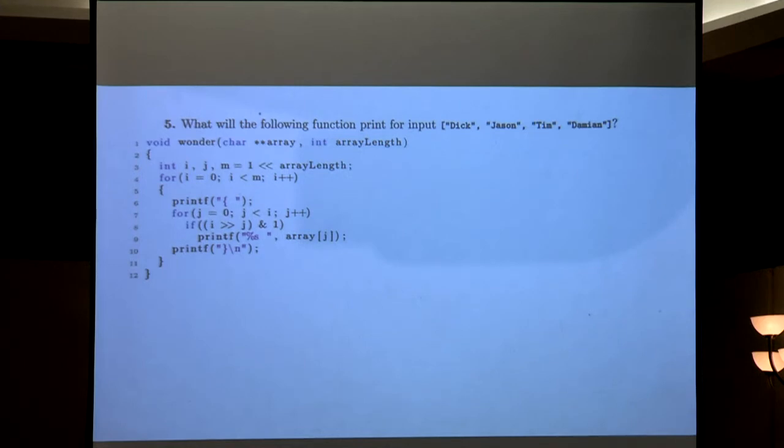Okay, so you think it'll only print the first two names. Any other ideas of what it'll print? Because it's going to print the names. So more specifically, in what order is it going to print them? It's got these curly braces and stuff going on too.